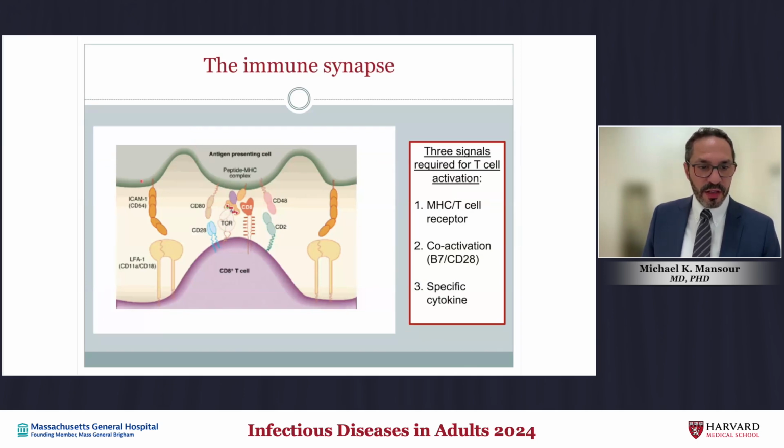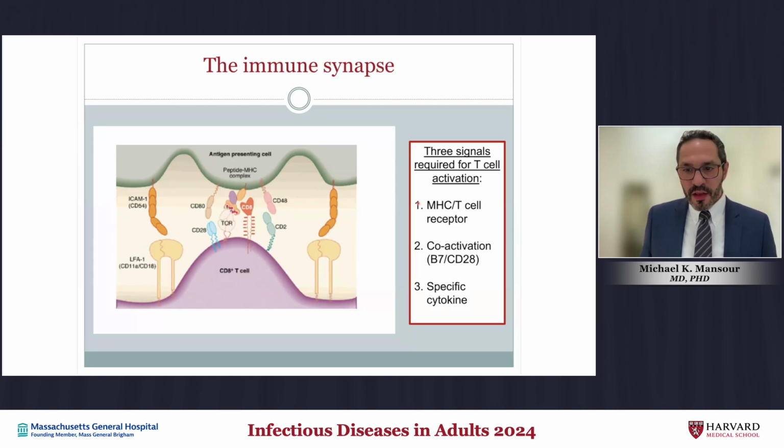Here, this wavy green line is a representation of a dendritic cell, and it's presenting the processed, chopped up Staph aureus that just entered our skin on MHC. It's incredible, but it does find that very specific T cell that expresses a T cell receptor specific to Staph aureus epitopes presented on that MHC complex.